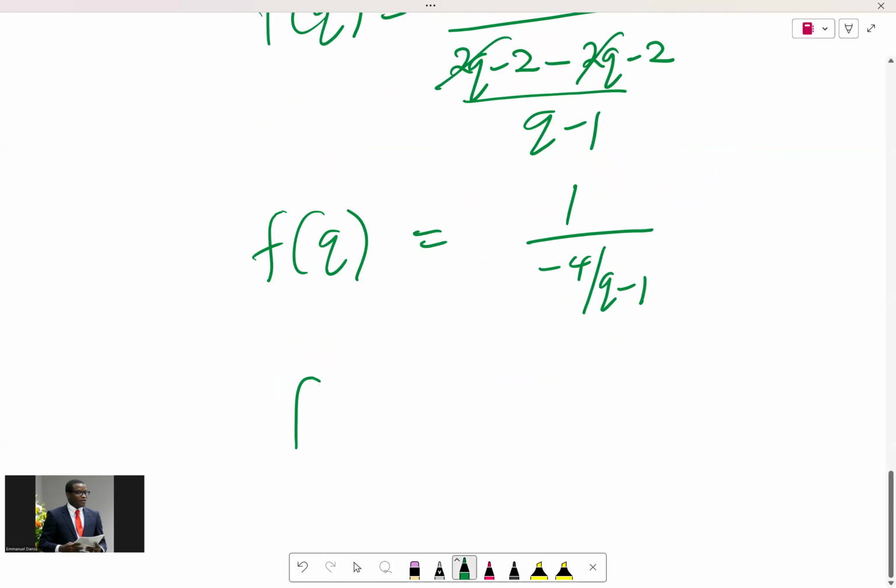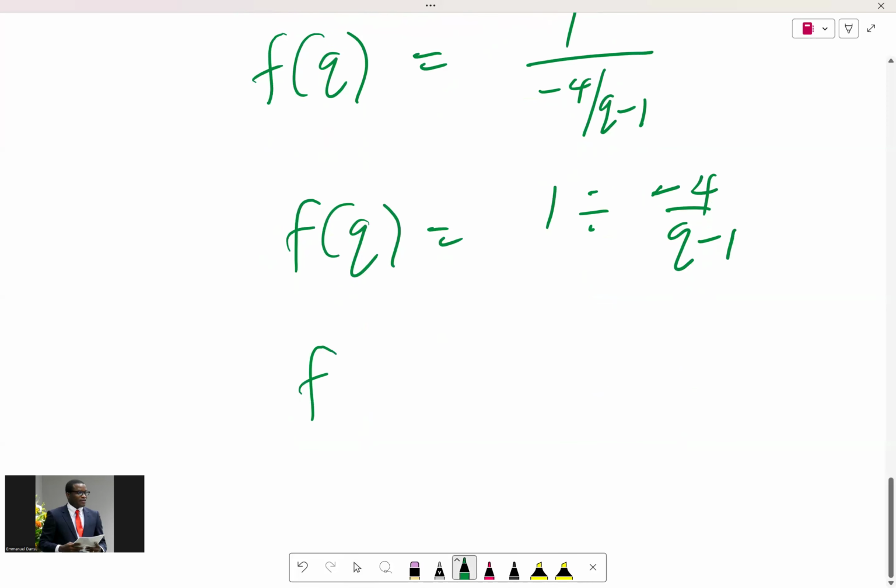That's like saying f of q equals 1 divided by -4/(q - 1), so f of q is equal to (q - 1)/(-4).